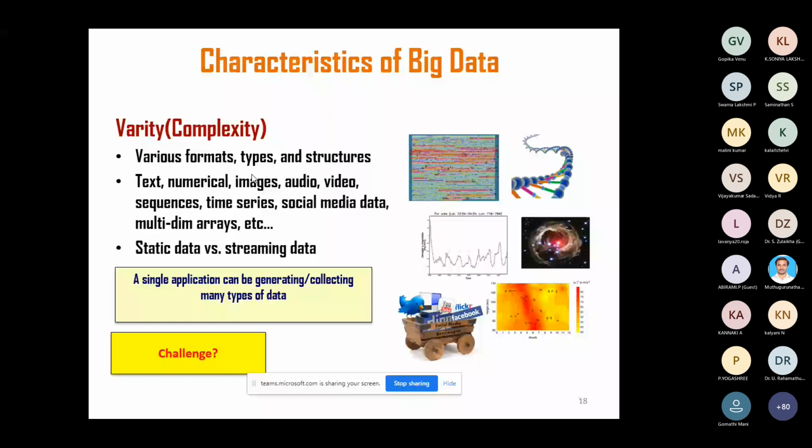Likewise, different data formats are getting populated, and there should be a technique to handle this. Traditional data sources fail to handle such multiple data formats, but big data has a facility to handle this, and this challenge could be very well overcome with the help of big data technologies.